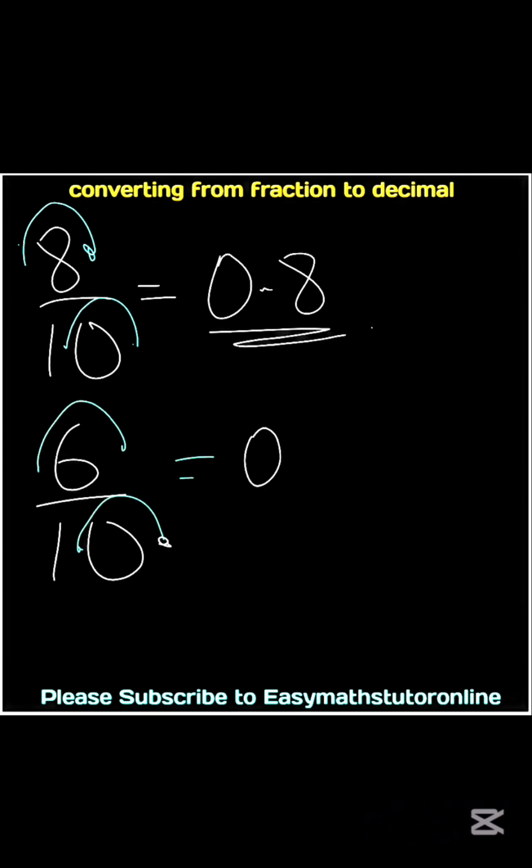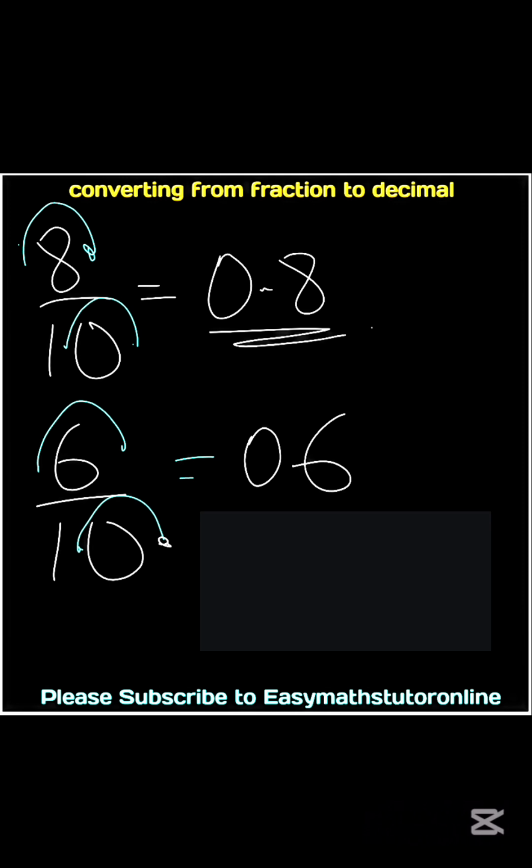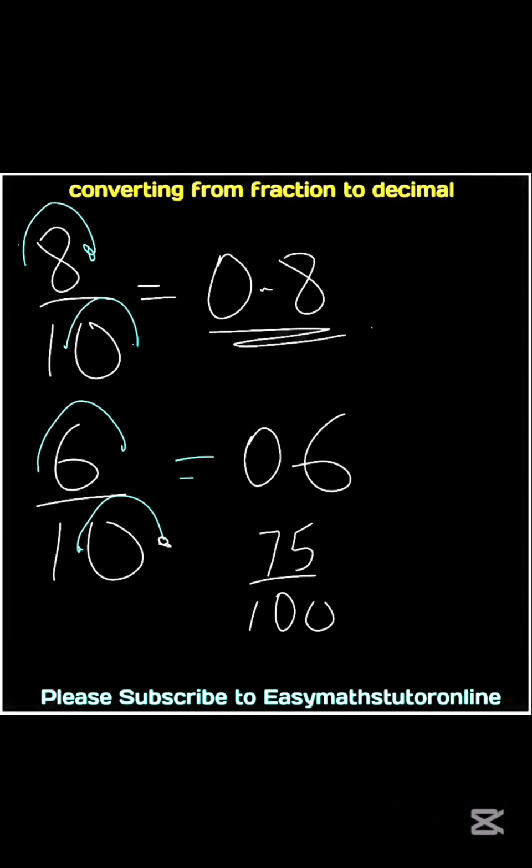We'll move the decimal in the denominator to 1, and also move the decimal from 6 to 0.6. Let us convert 75/100. We're going to move the decimal 2 times to 1 in the denominator and 2 times in the numerator, giving us 0.75. You see how easy that went.